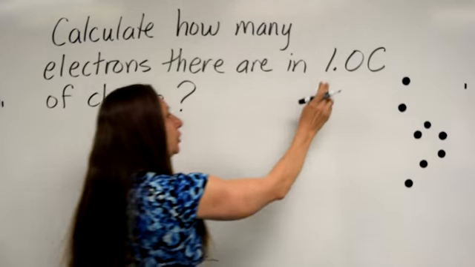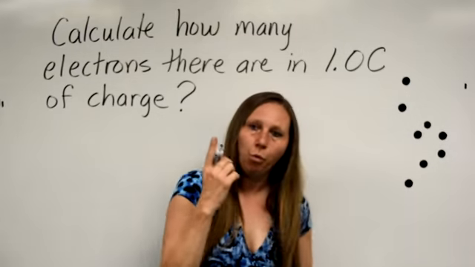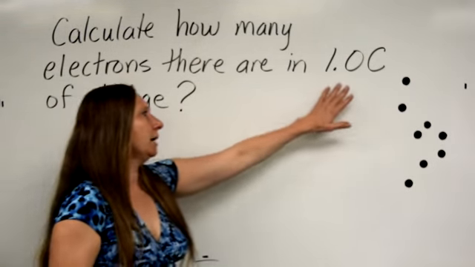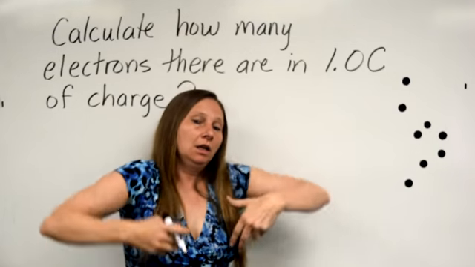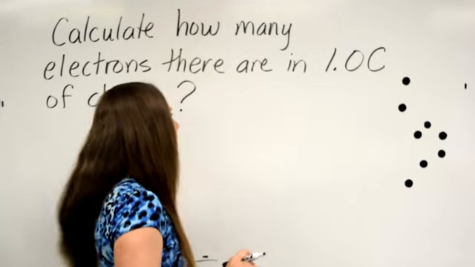And remember, this is a huge number compared to the amount of coulombs that one electron actually has. So would you expect that it's going to be a lot of electrons or just a few? All right, let's find out.